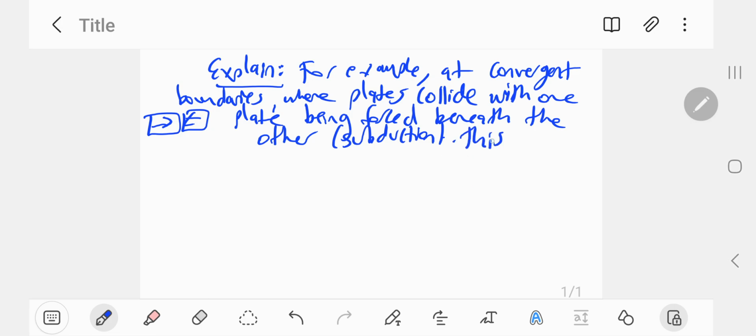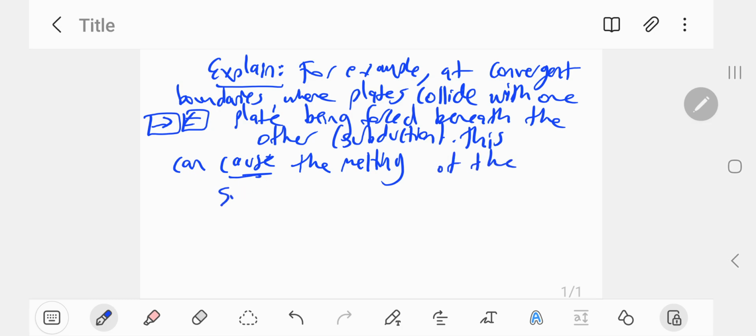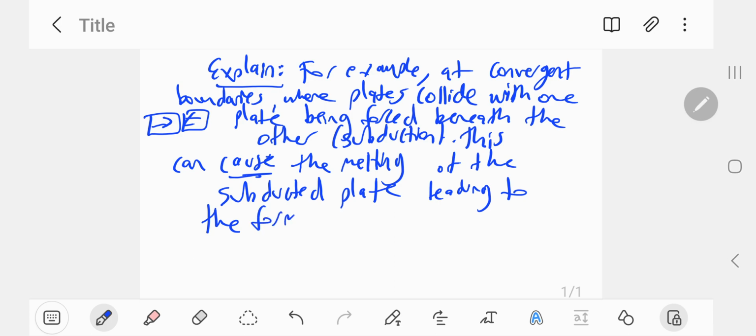And the next sentence, this can cause, so we're going to talk about the cause now. This can cause the melting of the subducted plate, leading to the formation of magma.